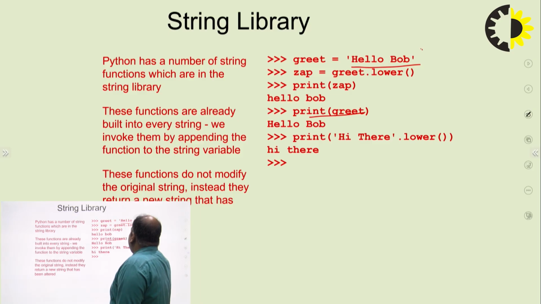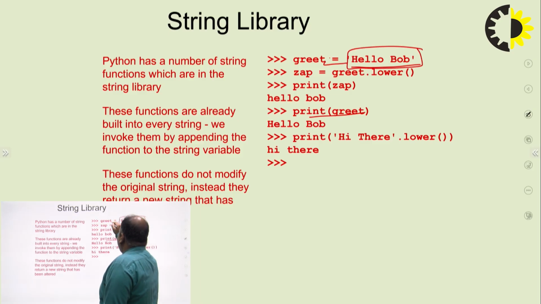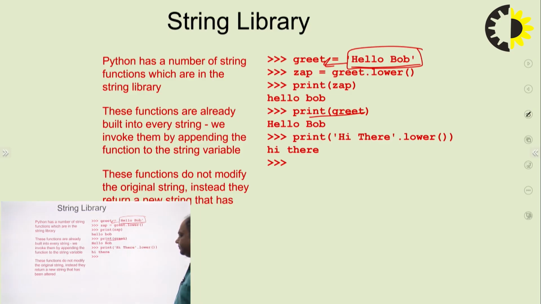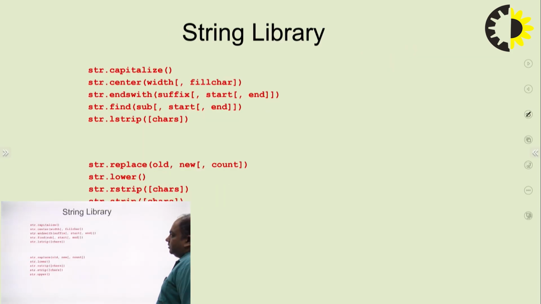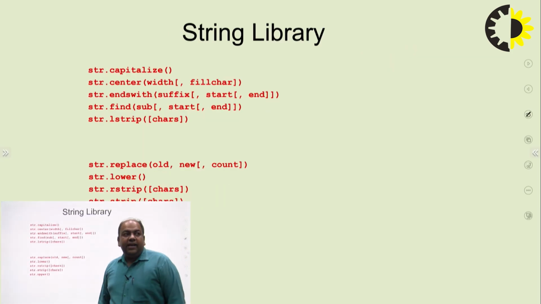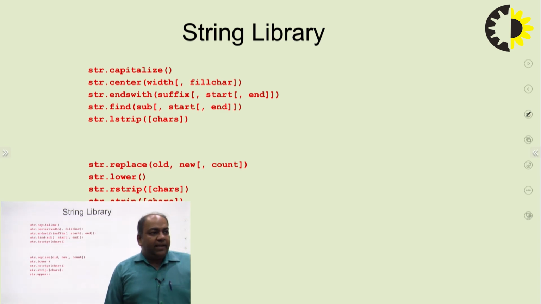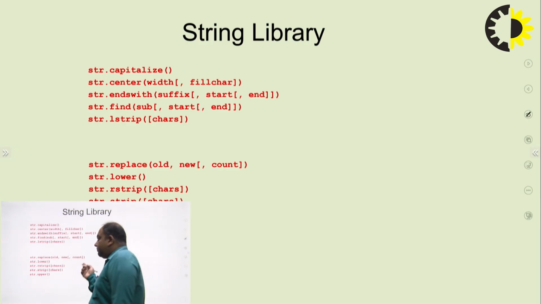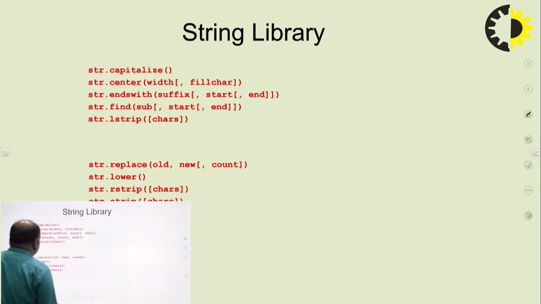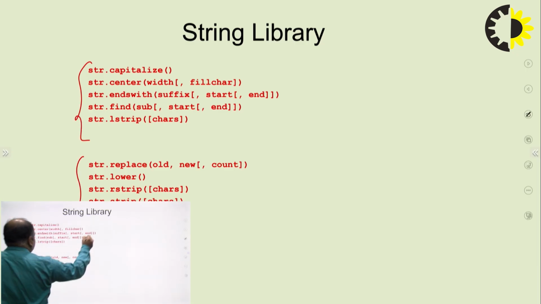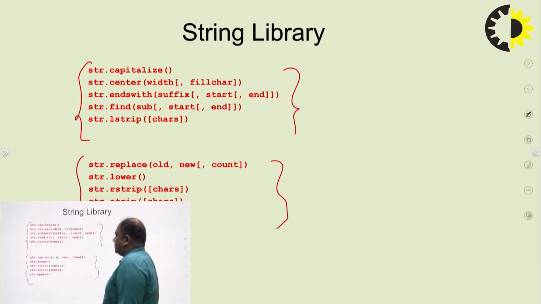So we give the name greet to this string. For capitalize, center, endswith, find, lstrip, replace, lower, rstrip, strip and upper. In my previous slides, I defined all these libraries, but this is the syntax for using all these libraries. How do we use these?